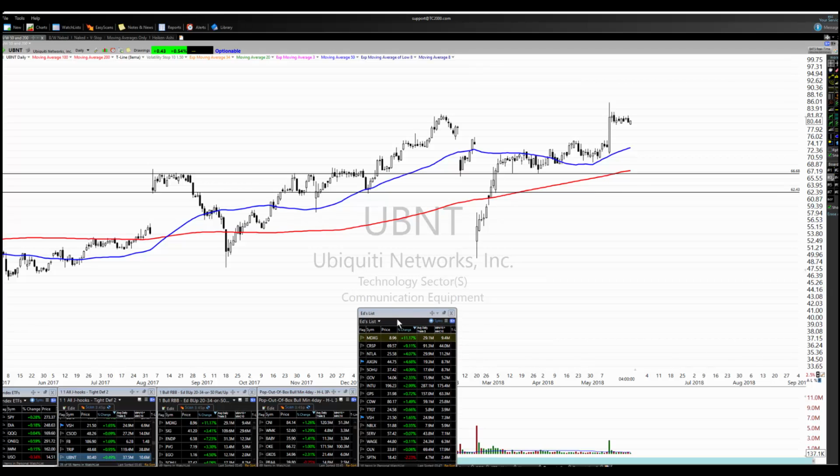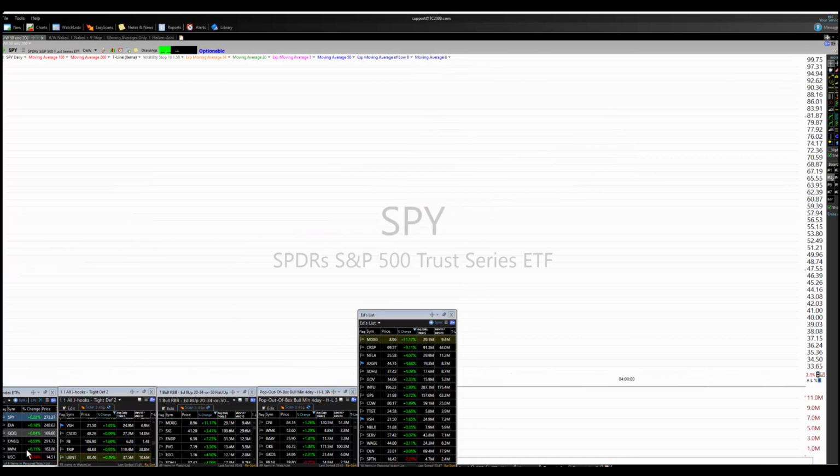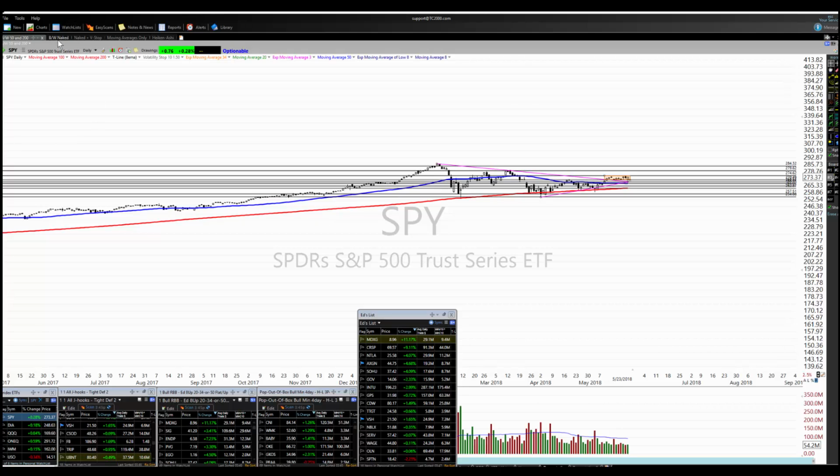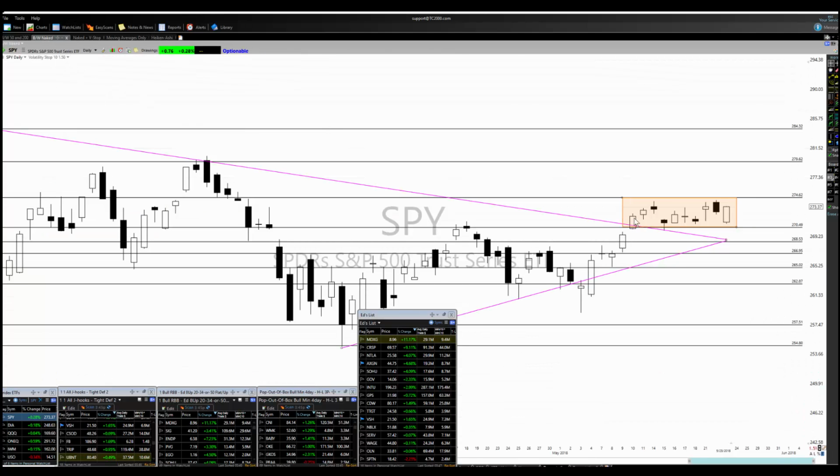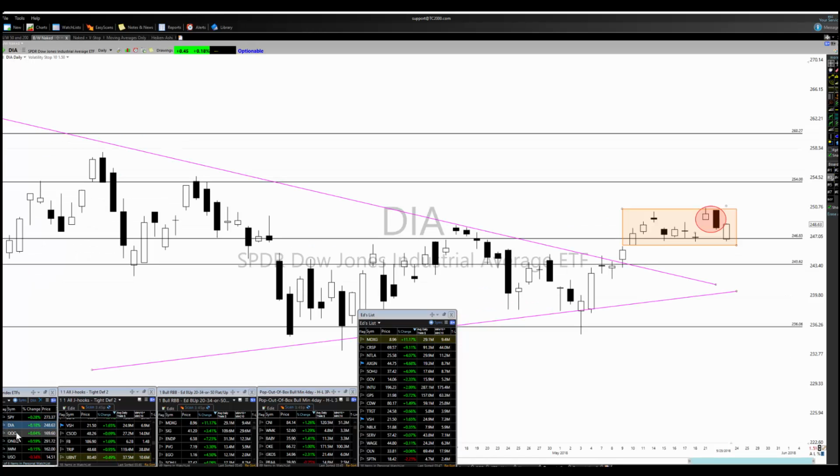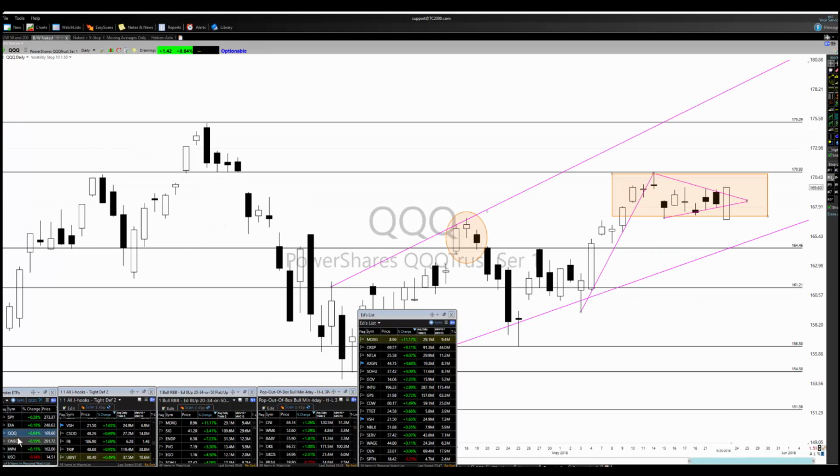I guess, and I mentioned this in the trading room a short while ago, I find a bunch of charts that I like, but what I don't like is if I look at the market, it looks like it's been chopping sideways for 2 or 3 weeks here. That's the SPY. Diamonds is the same thing. The Qs is the same thing.